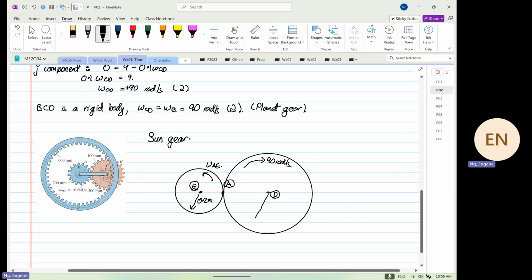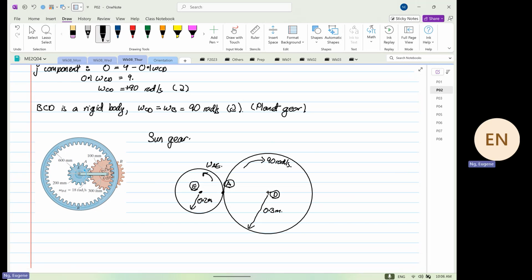And this over here is equal to 0.3. So given the radiuses, can you all calculate what's omega AE? Hey, how much? 135. Somehow the answer is different from mine.